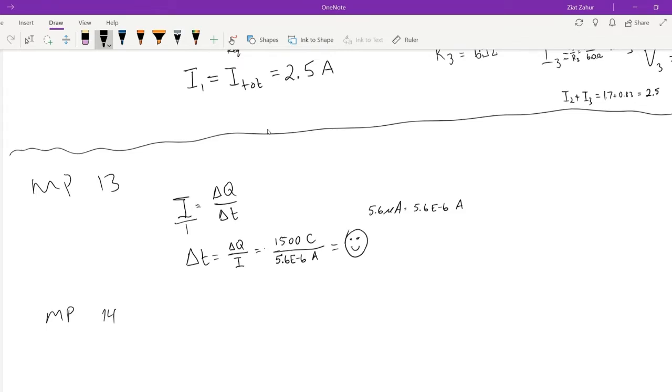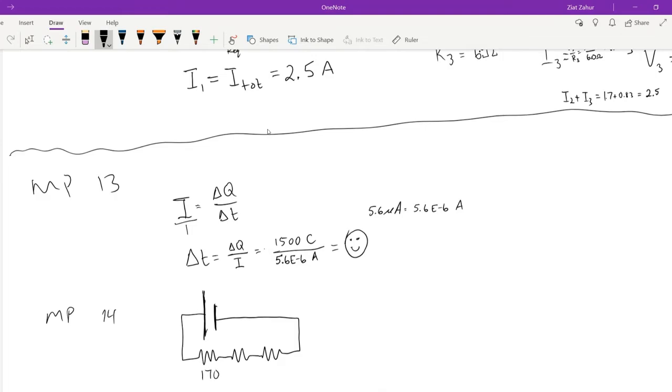It says 3 resistors are in series. Series means they are one after the other. The battery is 12 volts, so let's see. Here's our battery. And then we have 3 resistors, 1, 2, 3, and then we're back to the battery. Make sure you draw one big line and one small line. My values are 170, 240, and 65.